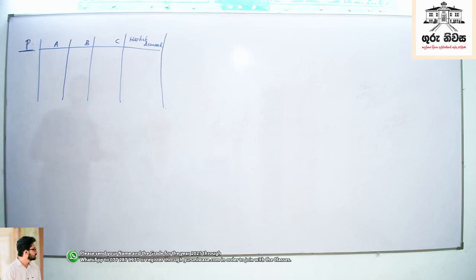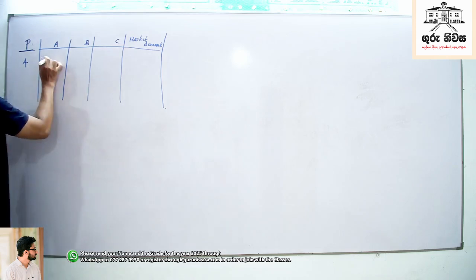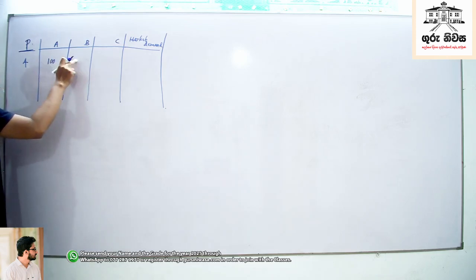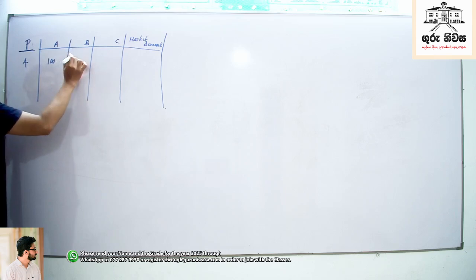Tell me, at price 4, how many units is consumer A willing and able to buy? 100 units. Okay. At the same price, how many units is B willing to buy? 180.